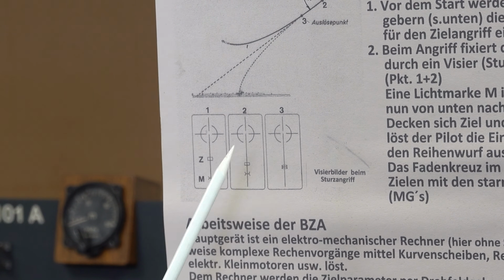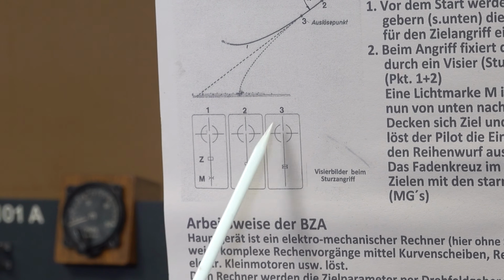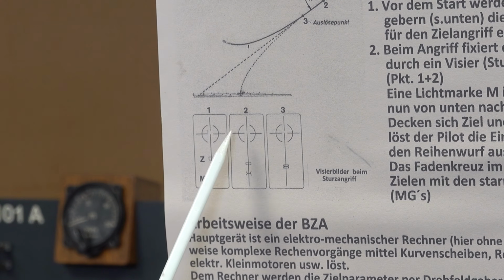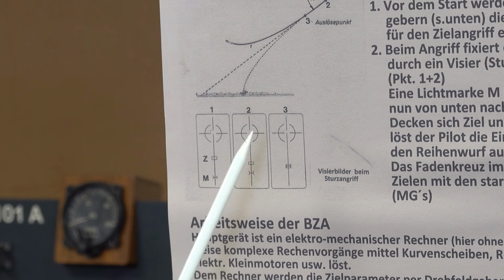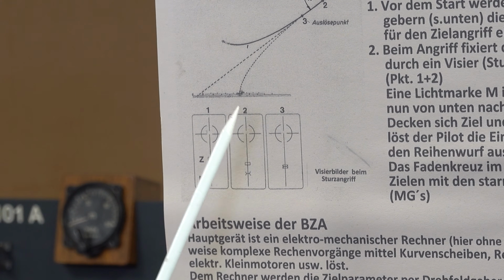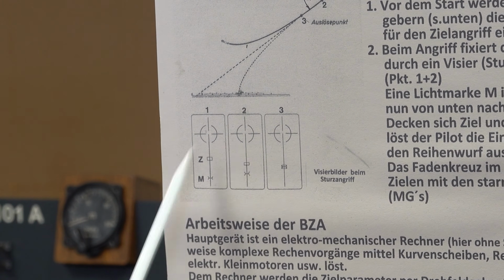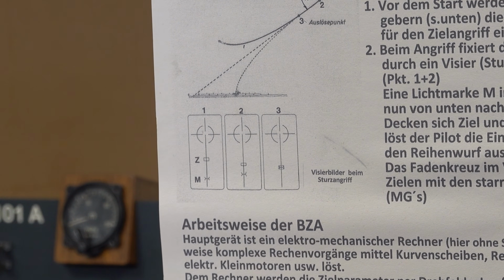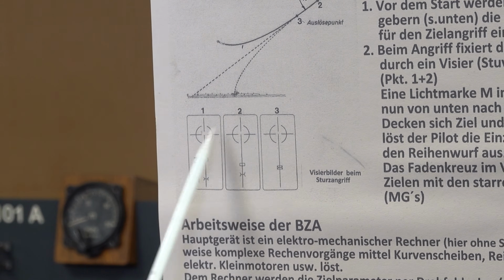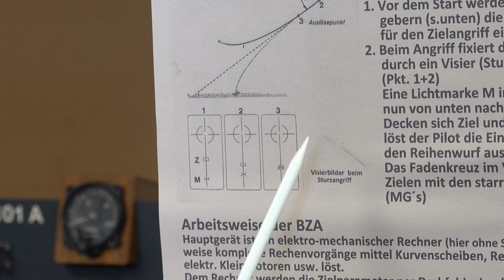What you see here is only a visor for the normal weapons, machine guns and so on. This has nothing to do with the bombing system. This here is for the normal weapons.